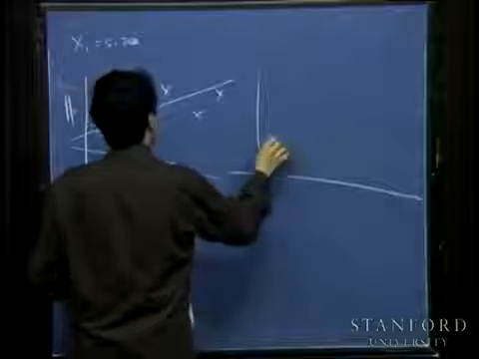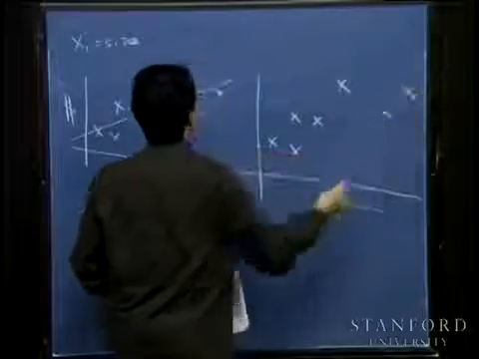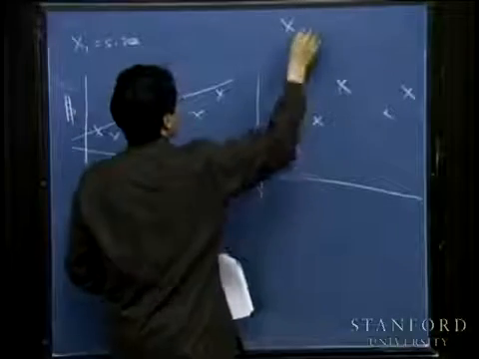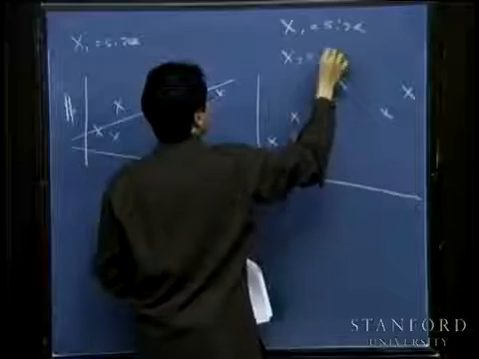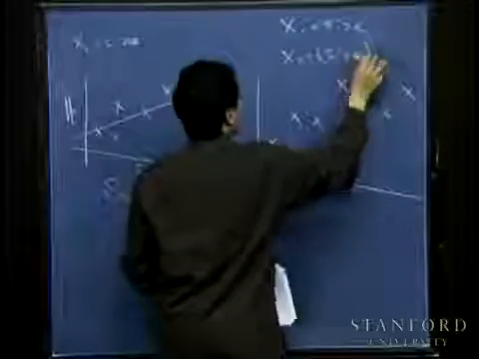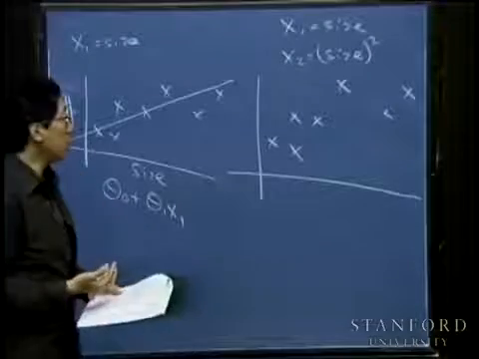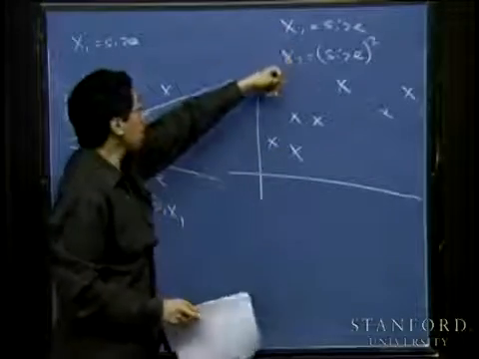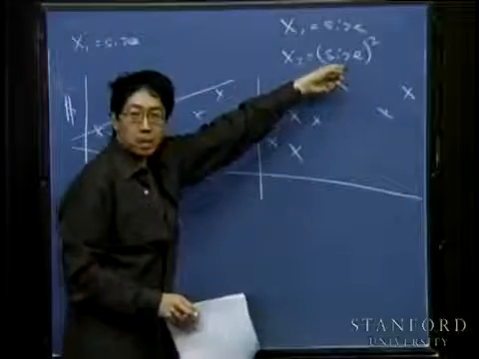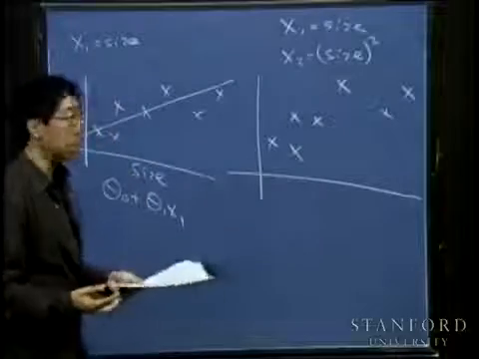If you choose, we'll just copy the same data set over, right? You can define a set of features where x1 is equal to the size of the house, and x2 is the square of the size of the house. So x1 is the size of the house in, say, square footage, and x2 is just take whatever the square footage of the house is and square that number, and this would be another way to come up with a feature.